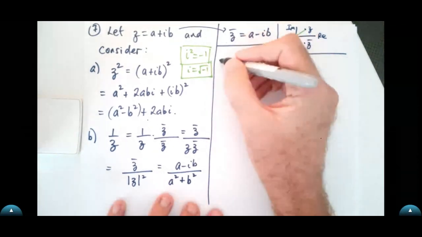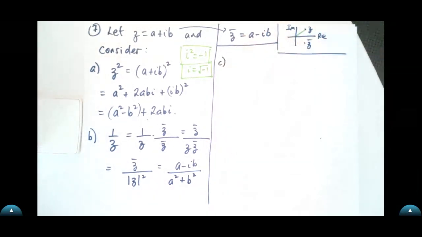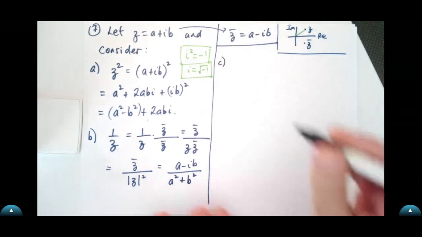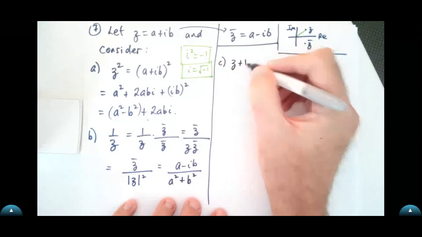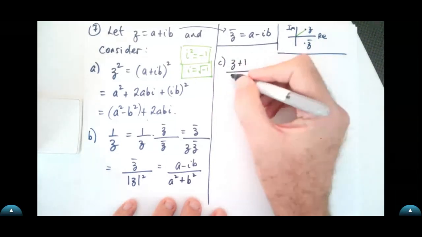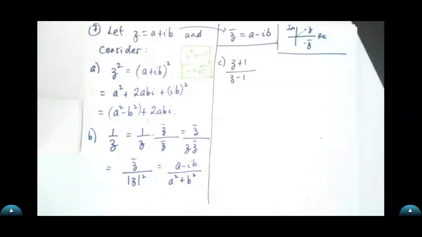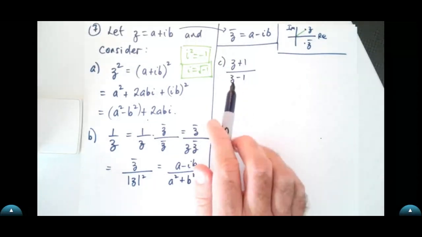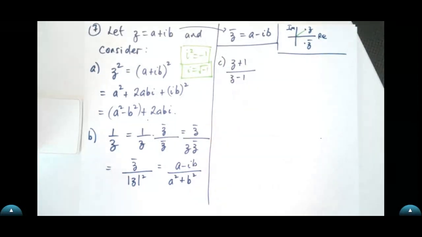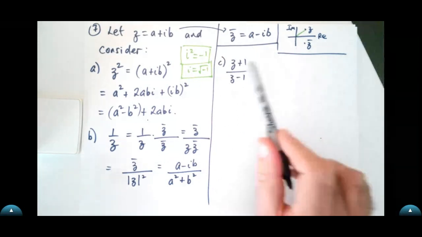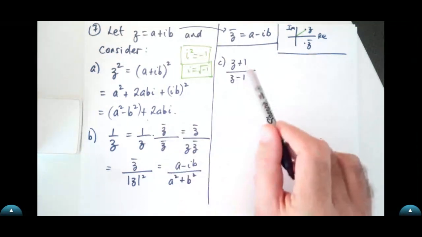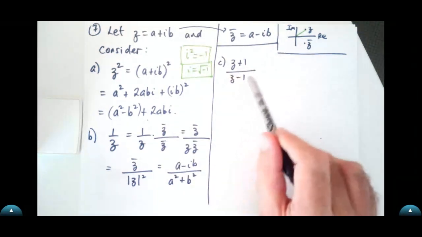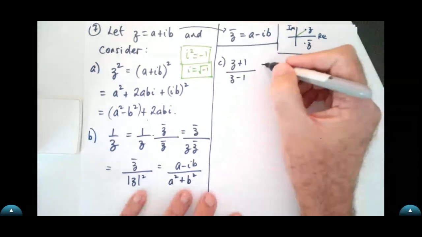All right, part C coming at ya. So let's consider this thing here. And this is another one where we're going to introduce the conjugate. Here we're obviously excluding the case where we're dividing by 0. So based on the previous example with this multiplication by a factor of 1, let's take the conjugate here and multiply.